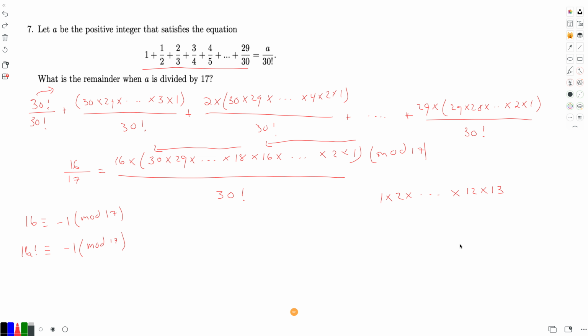So I want to simplify this, which is 13 factorial modulo 17. The best way to do that is to try to get it to Wilson's formula. Let's denote this as capital A, and then A times 14 times 15 times 16 is just 16 factorial, which by Wilson's theorem is -1 mod 17.